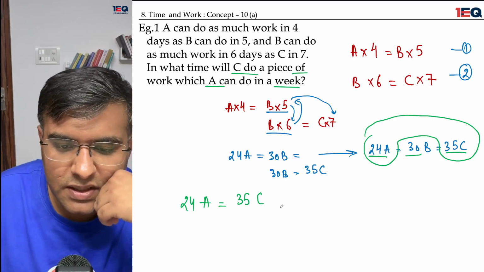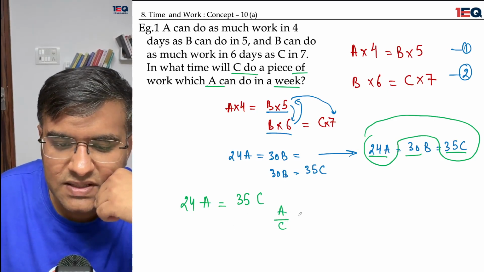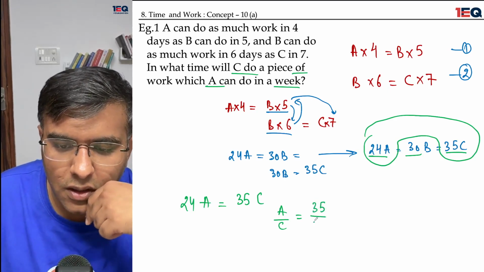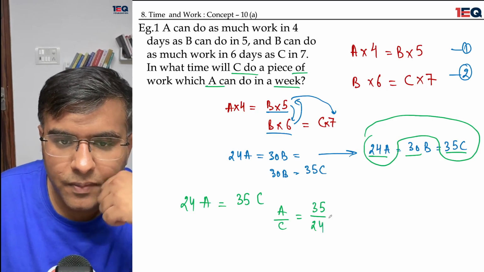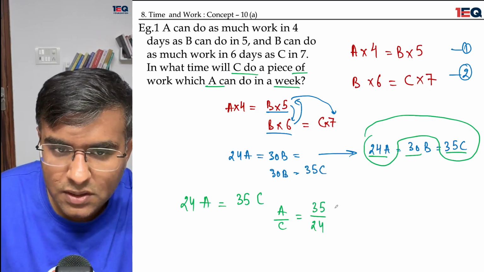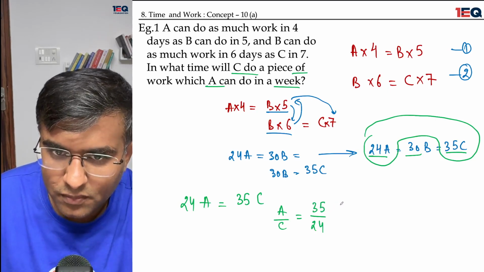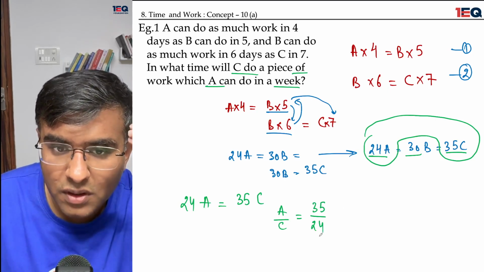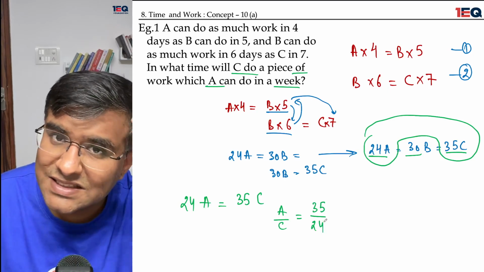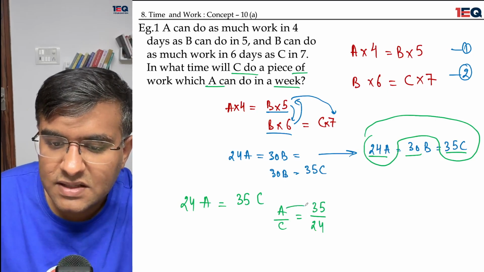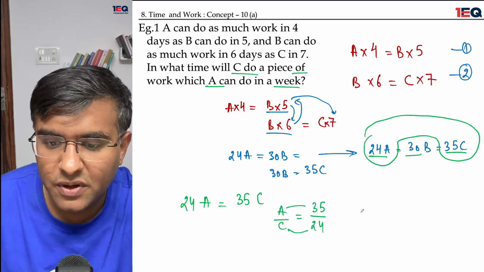Okay, this means A upon C's efficiency is 35 upon 24. Now, if A is doing something in a week, then how long will C take to complete the same work?